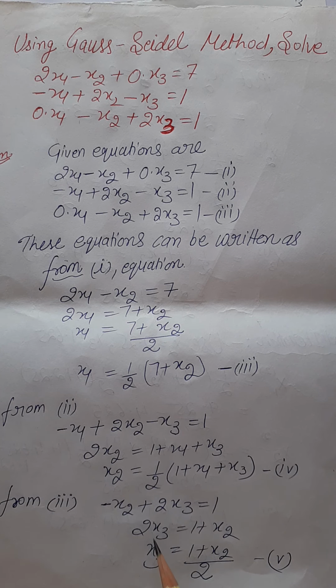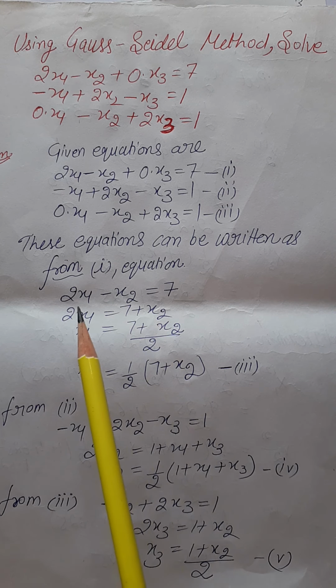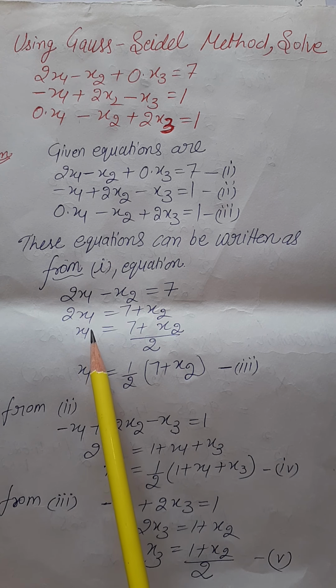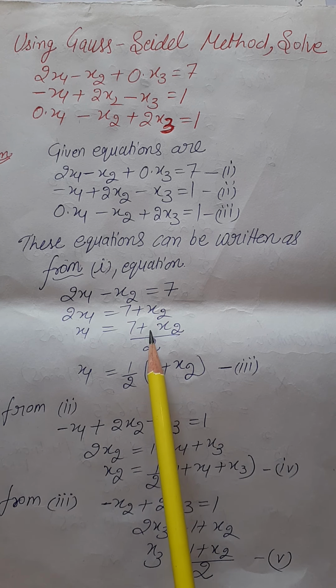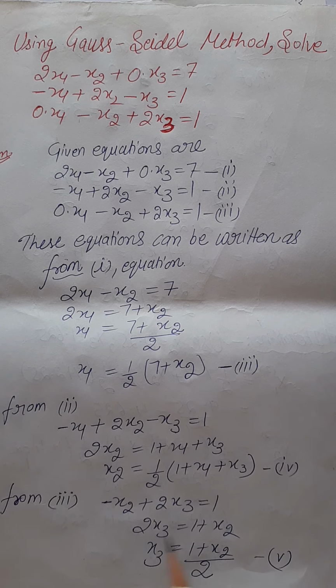So we can find the value of x3. I repeat, we can find the value of x1 from our first equation, x2 from our second equation, and x3 from our third equation.